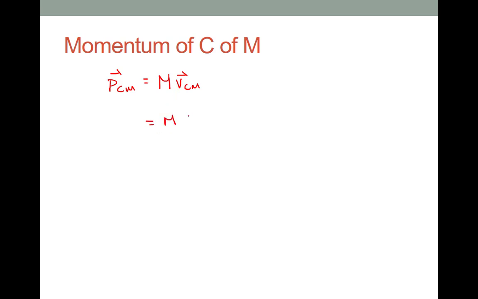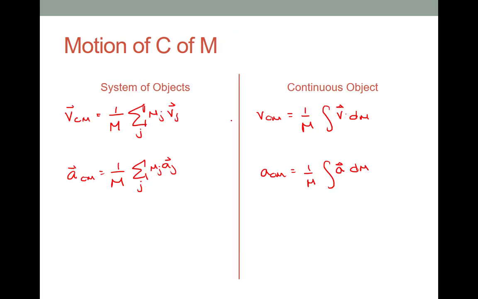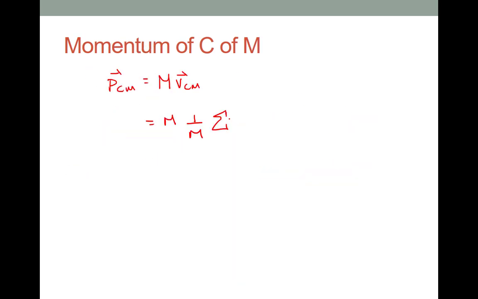And if we plug in that the velocity of the center of mass is 1 over the total mass times the summation of each of the individual little velocity pieces, we see that the momentum of the center of mass is just the sum of all the individual little momentum pieces.